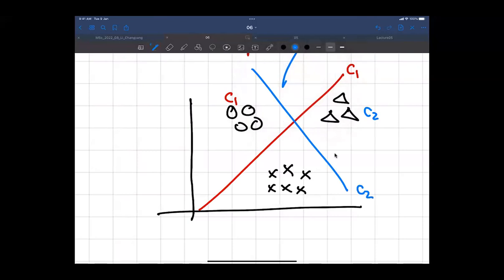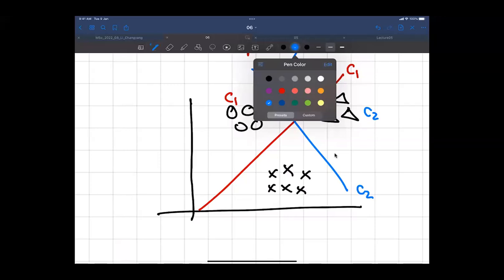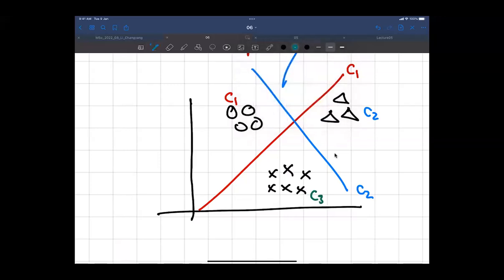C2 will separate C2 from the rest. But we also have C3, the cross one. Then you have to have C3 that separates C3 from C1 and C2. So basically the most common idea is one against other. And one against other has a basis in binary classification.